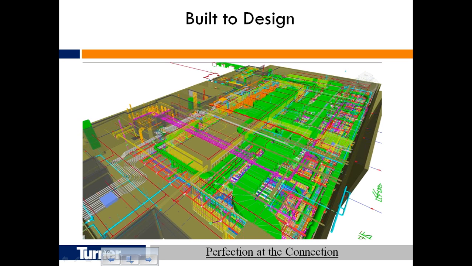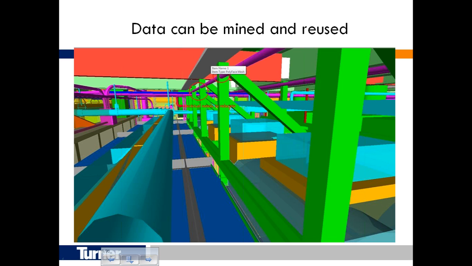With this methodology, the craftspeople had perfect information for exactly where everything was going to go, and it increased the quality of their ability to build, and changed the focus from solving problems to focusing on execution of installation.